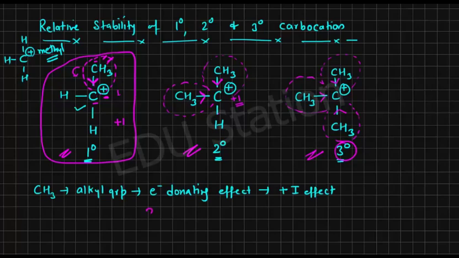So, the stability order of carbocation is tertiary is more stable than secondary, is more stable than primary, because in case of tertiary there is maximum dispersion of positive charge. Now, we have discussed the stability of carbocation using inductive effect. A plus I effect stabilizes carbocation by dispersing positive charge.